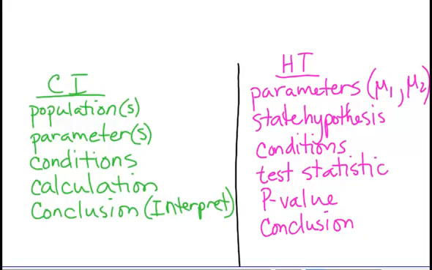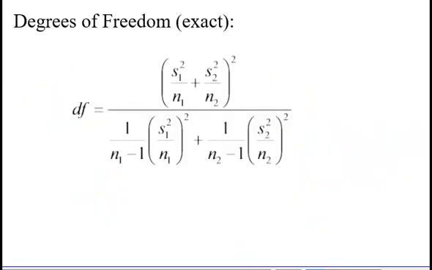Okay, next we're going to look at some of those things that I said we'd look at real quick at the end. One is the exact degrees of freedom. This is the calculation that is used to calculate the exact degrees of freedom that the calculators use for 2-sample tests. You do not need to know this. I like to show it so that you guys know where that value is coming from. The calculator does use this to calculate the exact degrees of freedom for 2-sample tests.